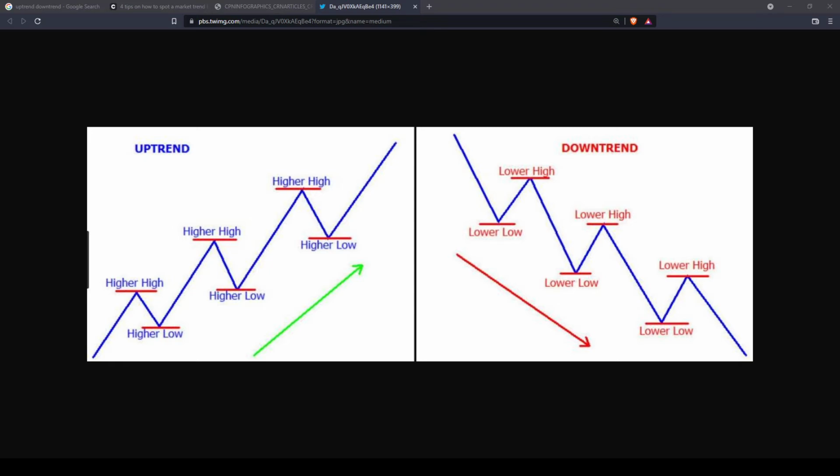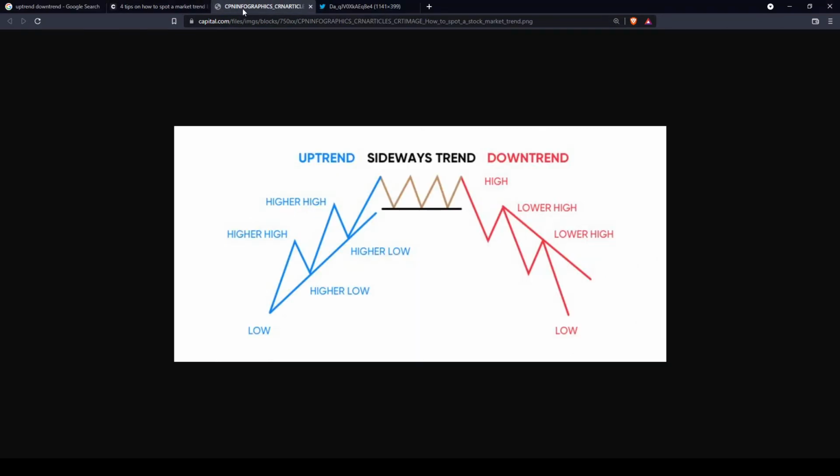Another thing that's interesting is the sideways trend, which is usually when you're not really making new highs and not really making new lows, you're trending around the same range, so to speak.